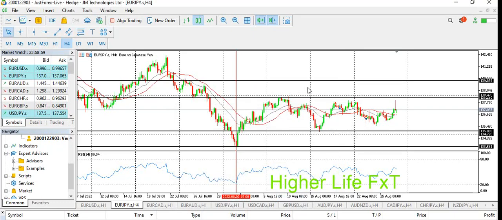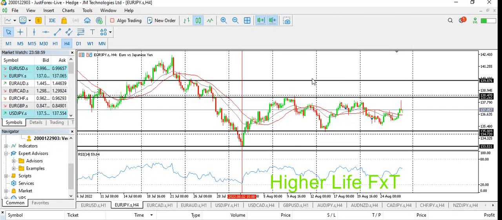This is the closest resistance area. So you cut your losses here and you find another trading opportunity on the next resistance area.